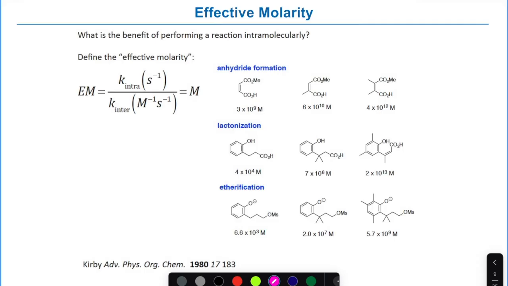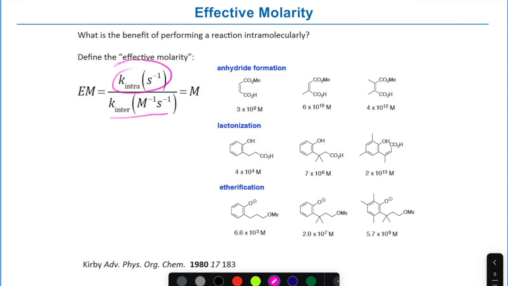Where this other one comes in is through a concept of effective molarity. Now you guys probably already know this implicitly. A reaction where both fragments are in the same molecule is going to be faster or easier. Intramolecular chemistry can be faster than intermolecular chemistry. And this is really just saying that I have a reaction that is being done within the same molecule, and I can take the exact same reaction between two.